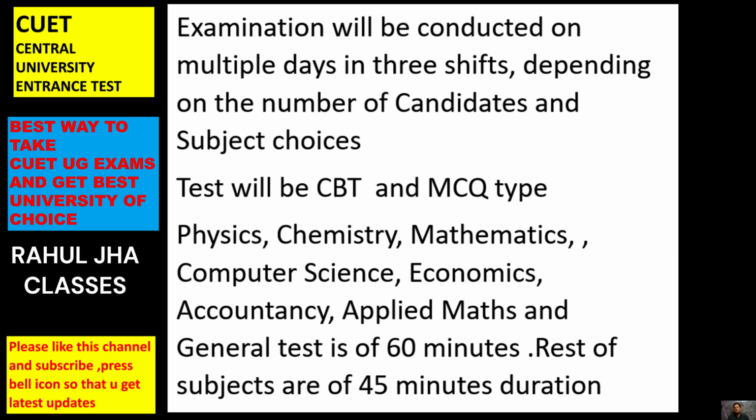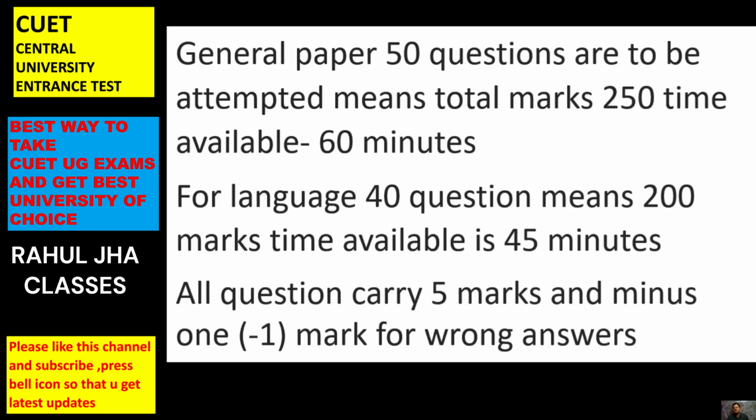So in the general paper, 50 questions are to be attempted. That is, every question carries 5 marks. This means that a total of 250 marks are available and the time is exactly 60 minutes.